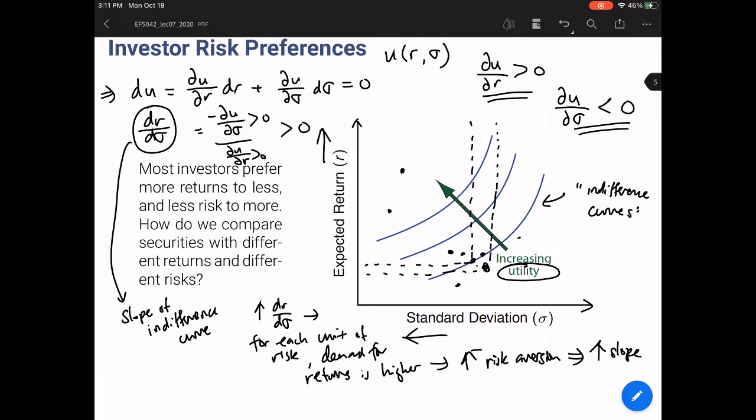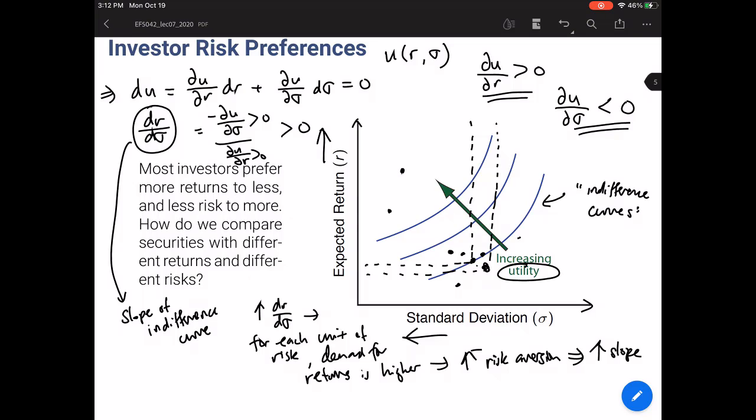Okay, so to summarize this slide, we're trying to represent our preferences mathematically, so it makes sense how we should construct our portfolio. We should construct a portfolio such that we have a pre-specified return, and we try to minimize risk as much as possible. We can capture these preferences using this function, u, which takes two parameters, because we only care about our portfolio return and the portfolio variance.